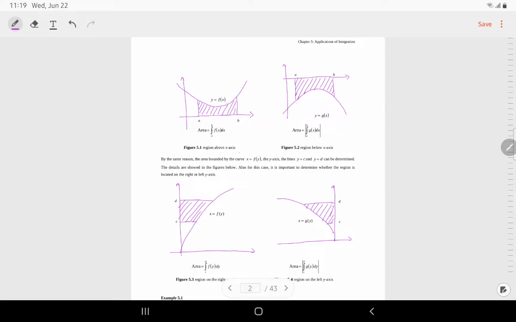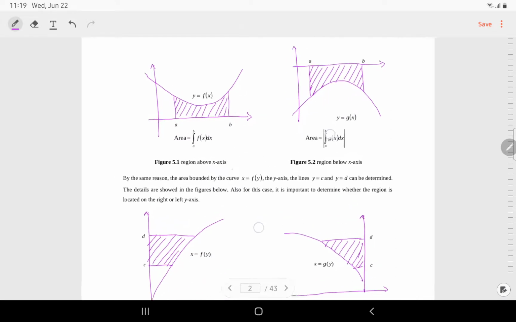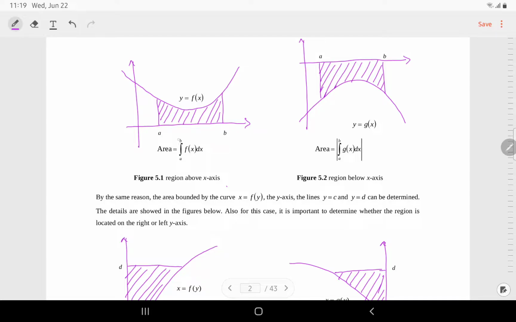For this case, the formula for the area equals the integration from a to b of the function, integrated by dx.